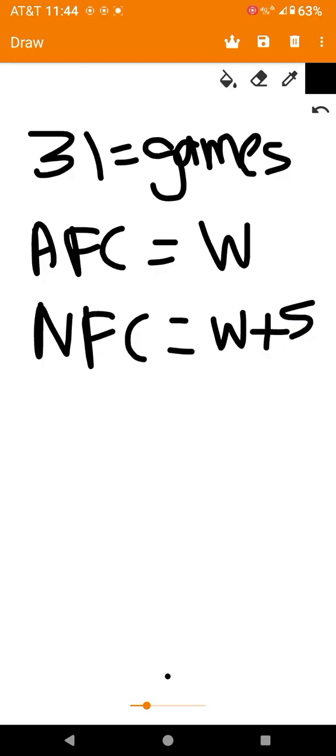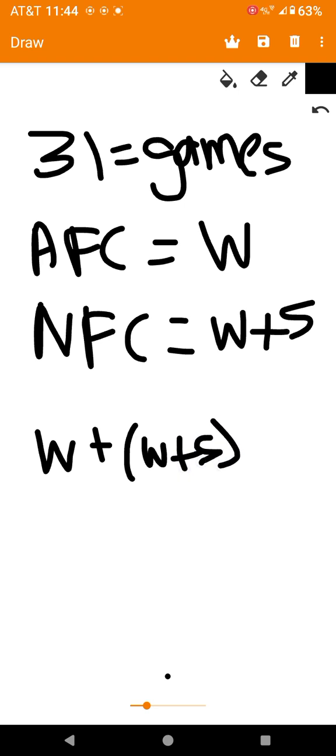And we know the total number of games is 31 between the two. So we'll have W, which is the number of wins the AFC had, plus W plus 5, which is the number of wins the NFC had, and that equals 31 wins total.